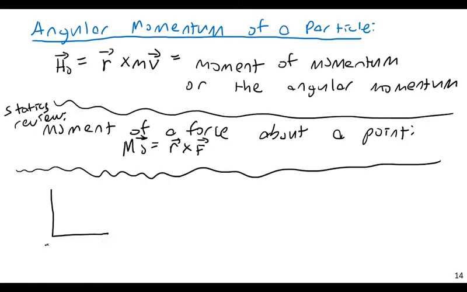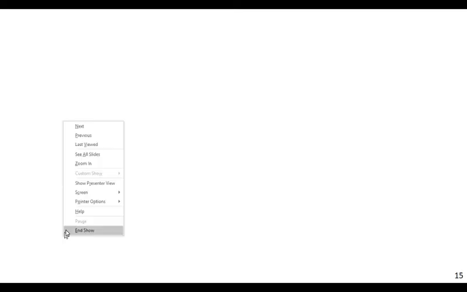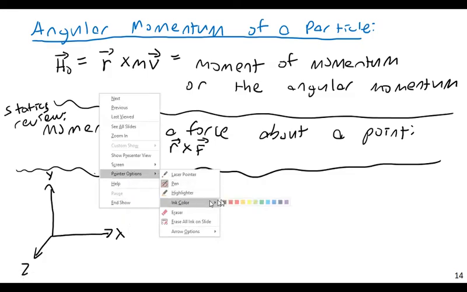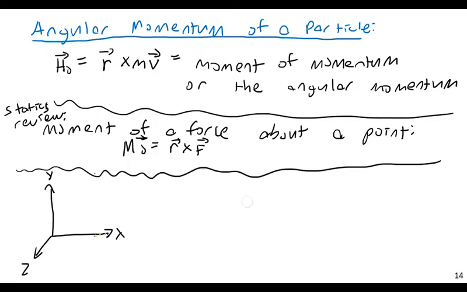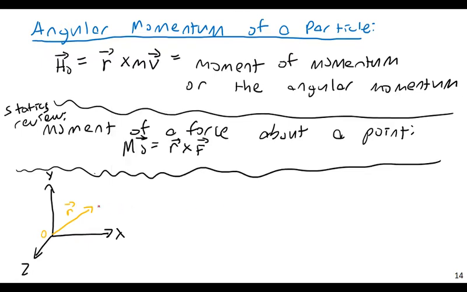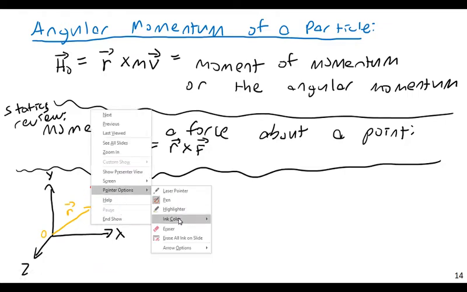All right, so in other words, let's say we had something like this. If we have our x, y, and z, and we have an r vector, and we're trying to find the moment about the origin here, and we have a particle P here, and an mv vector here, well, the H_O will be mutually perpendicular to each of these.